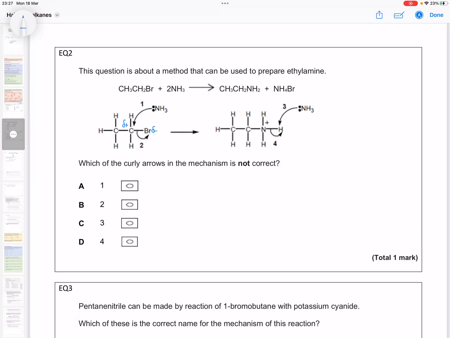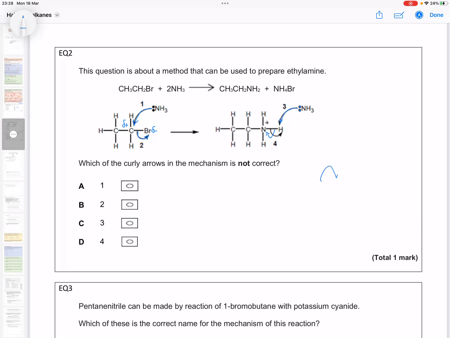So I'm happy with the 2 arrows, one coming in here and this one. The question is asking which one is incorrect, so within 1 I think that's fine. In 3 we've got the ammonia acting as a base, always start at the lone pair, going to this hydrogen, I'm fine with that. But the electrons have to continue further into the molecule, so this one is pointing in the wrong direction.